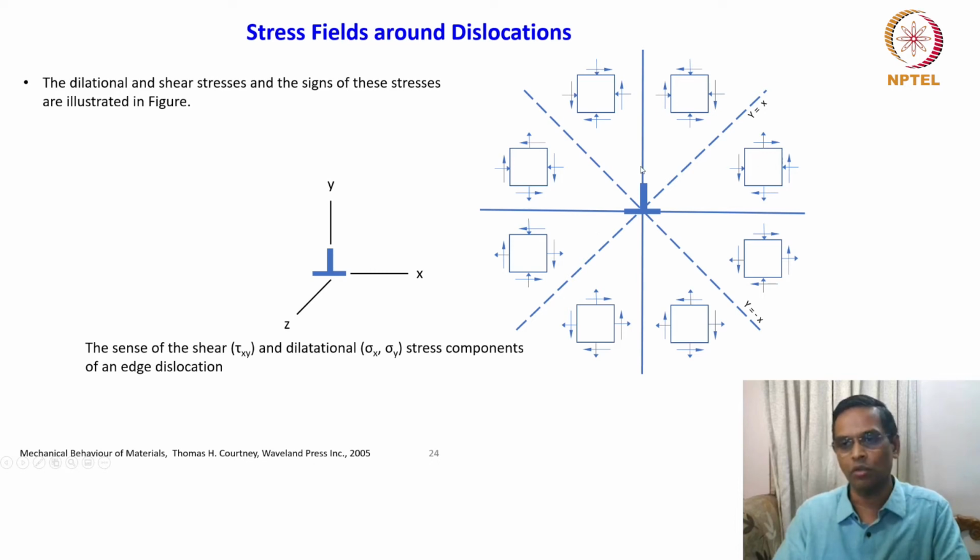That is what is shown here: the sense of shear stress tau xy and the dilatational sigma x and sigma y stress components of a finite dislocation. We will come back to this diagram in a minute, where we exactly see what these stresses will do in each quadrant, how they are going to behave.